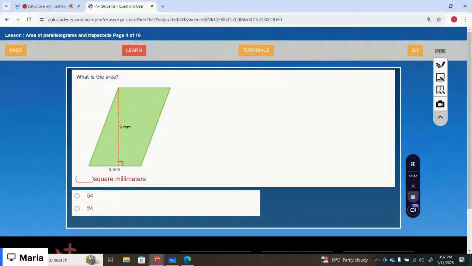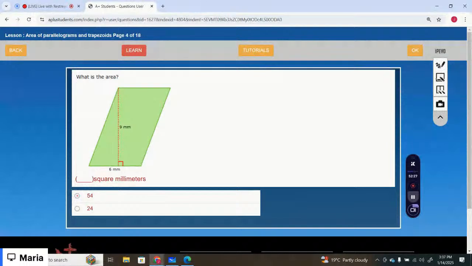What is the area? Which is the correct option? 6 times 9 is 54.